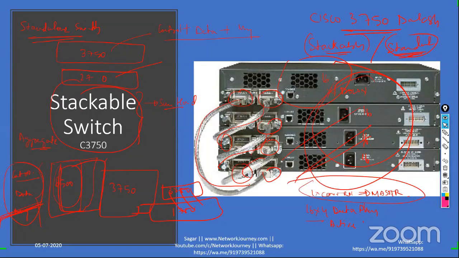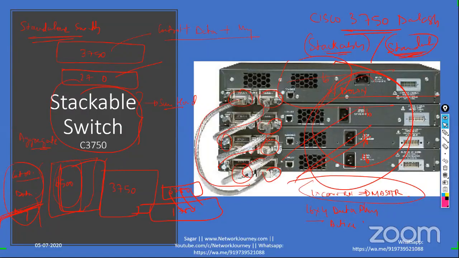Okay, what happens if you keep them standalone? There will be 4 instances of control plane. There would be 4 different instances of data plane, right? So basically, to get high performance, in case you need the device solution to process the traffic, you have to make use of the stack.